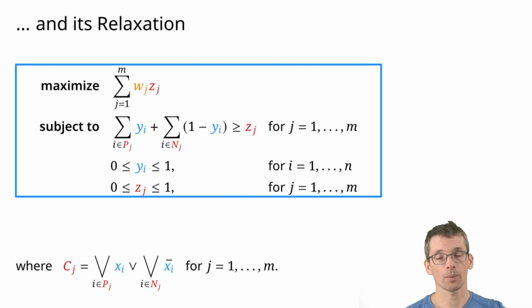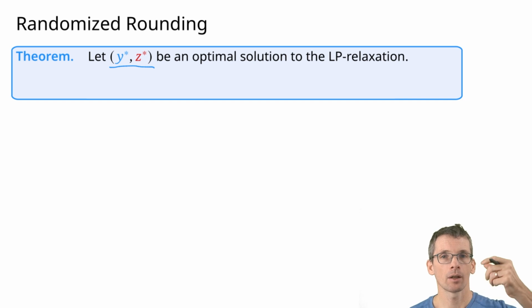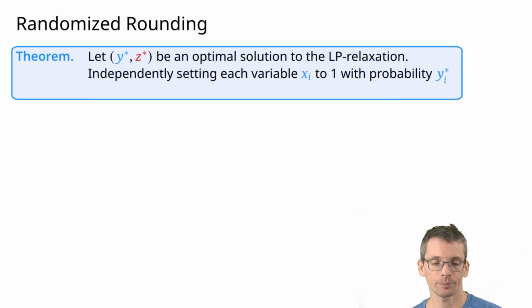We do this by appropriately rounding, and the appropriate rounding will happen as follows. I'm going to take an optimal solution for the relaxed linear program, and now independently I'm going to set xi to 1 with the probability of yi star.